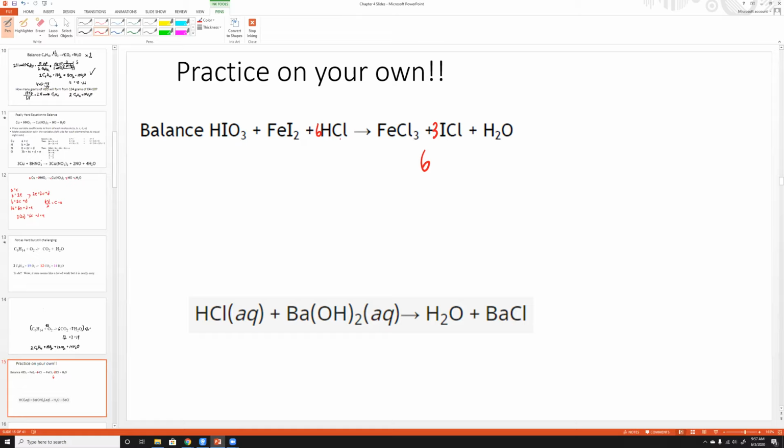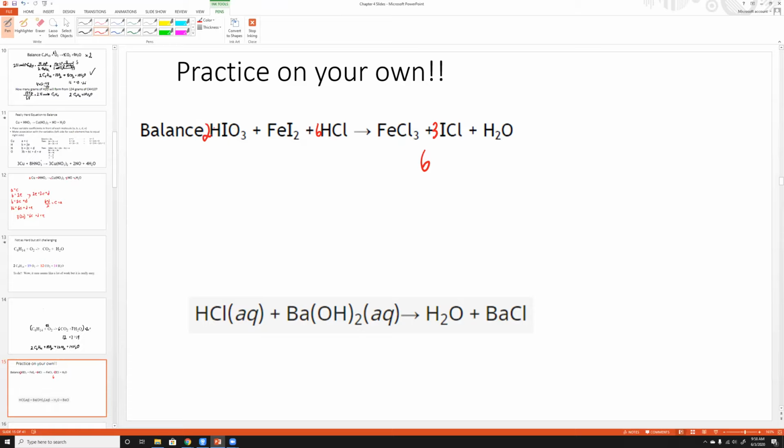Now, hydrogen's different. So we have hydrogen 1, 7. To make this work, we have 7 hydrogens, and if we put a 2 here, it gets difficult, so you have to kind of guess.